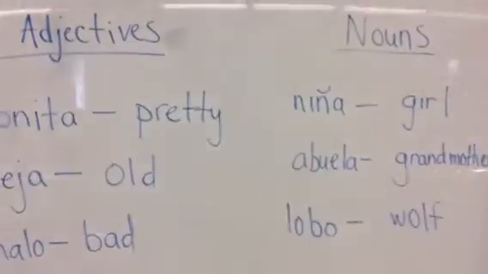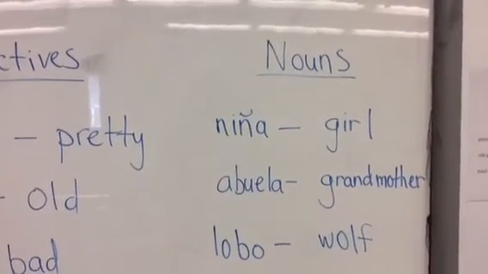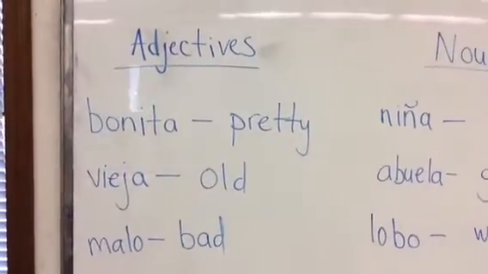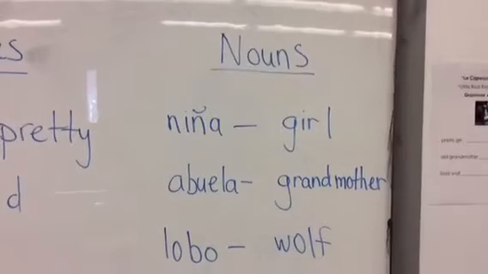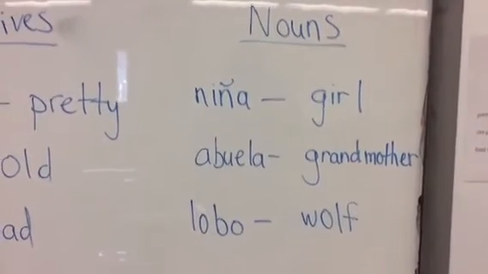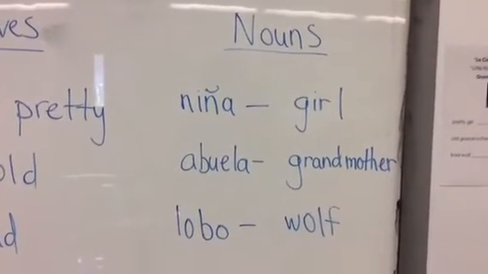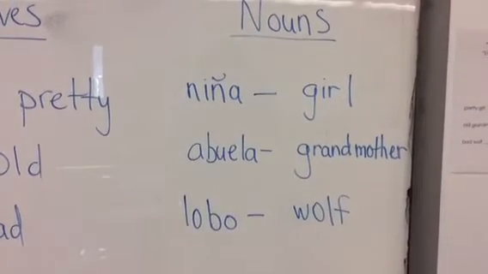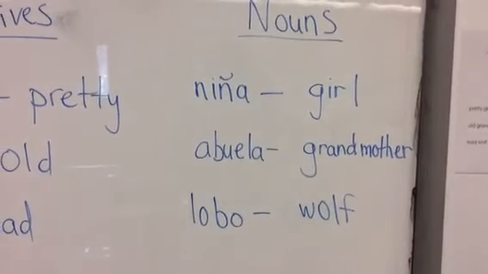Next, I would have a discussion in the students' native language, which is English, about nouns and adjectives. In Spanish, nouns can be feminine or masculine. Here on the board, I can look at these nouns, niña, abuela, and lobo, and determine which noun is feminine and which noun is masculine.